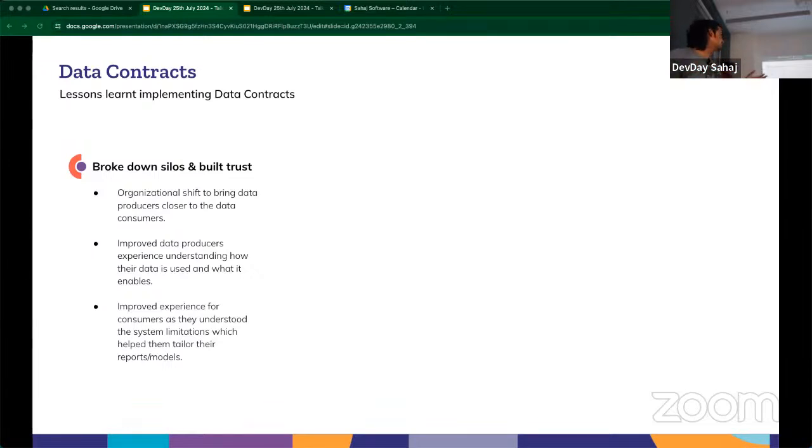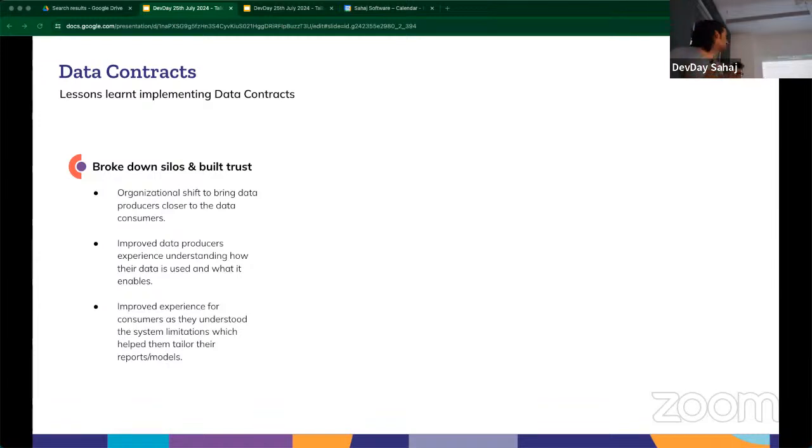So what we did is we kind of got them together. So we got all the people who wanted to use this journal data and all the people who were producing this data to sit together and kind of agree on a common language. And that basically meant that we helped them break down the silo that they had between the producers and consumers. So just like with DevOps, where you had the developers and operations people work together, with data contracts, you can kind of start to break down the silo between your consumers of data and the producers of data.